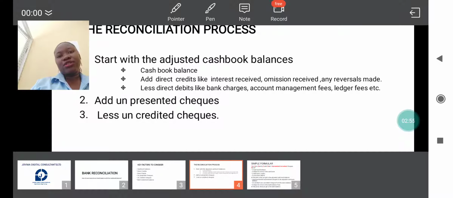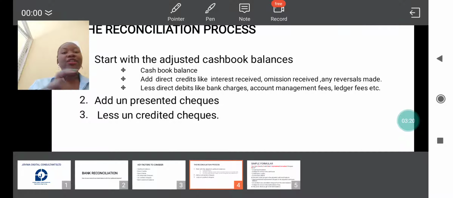What are direct credits? These are transactions, or revenues, income received through the bank but not recorded directly in the cash book. For example, if I have a savings account and at the end of every month I receive some interest, I may not know how much I received last month or how much I will receive next month.